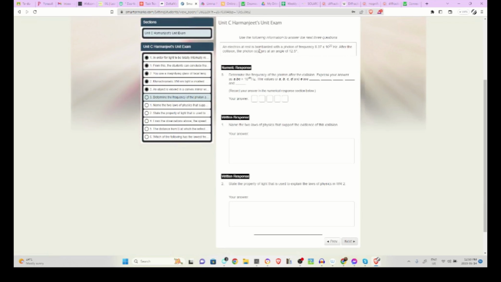Okay. So now, an electron at rest is bombarded with a photon of frequency 8.37 times 10 to the 22 hertz. After the collision, the photon scatters at an angle of 12.5 degrees. We want to find the frequency of the photon after the collision. So this is Compton scattering.